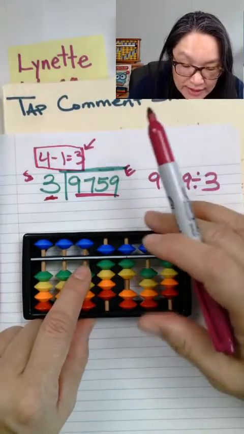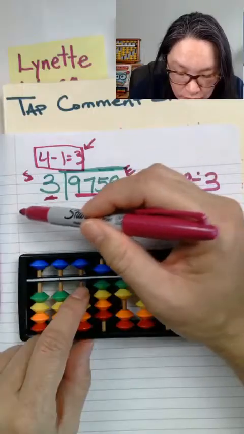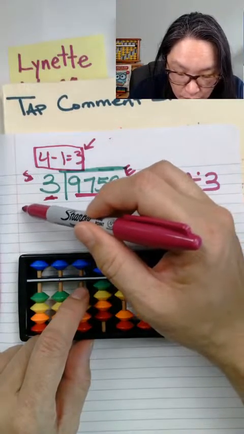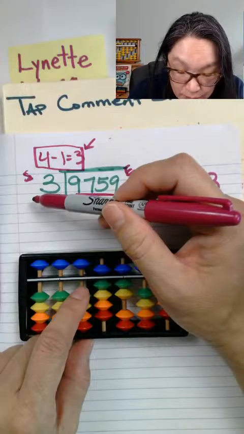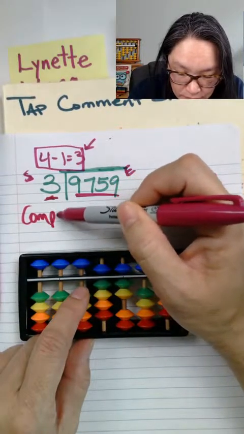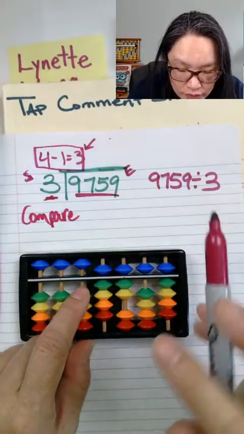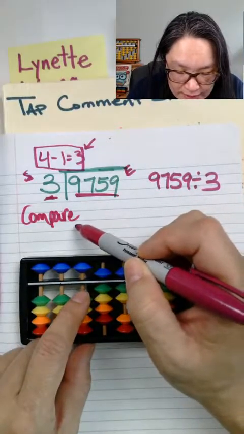Okay, so the next thing we're going to do is compare, right? We found our starting point. We found where we're going to put our answer. Now we're going to compare. There are two rules.